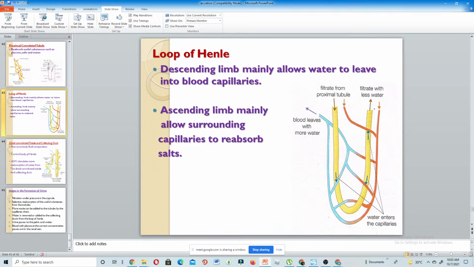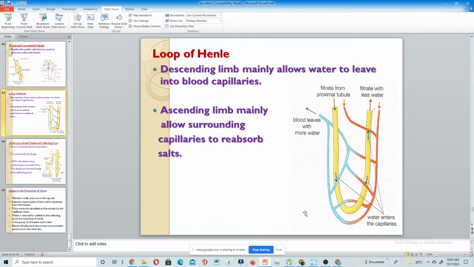If you look at the notes, the descending limb mainly allows water to leave into the blood capillary. The section to the left, the descending, its main function is to allow water to be reabsorbed, while the ascending limb mainly allows the surrounding capillary to reabsorb salt.